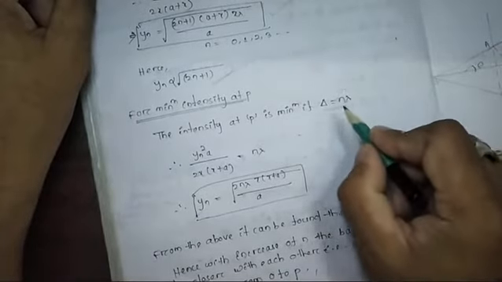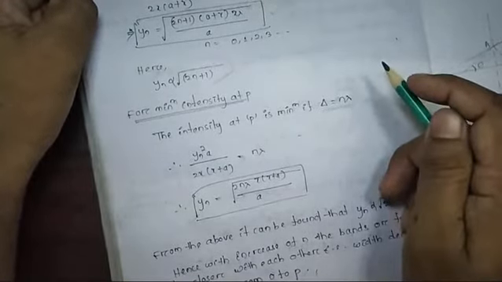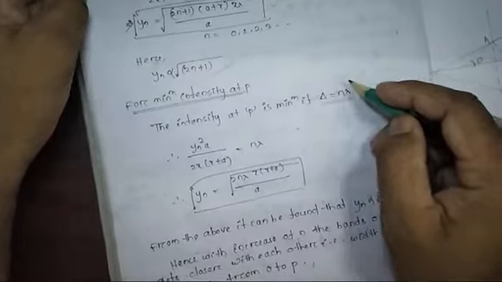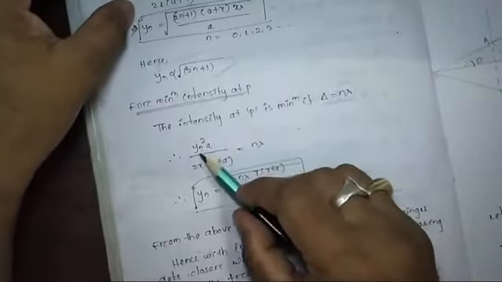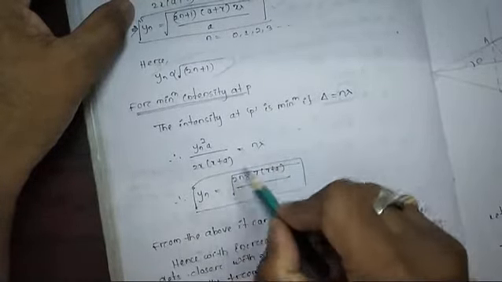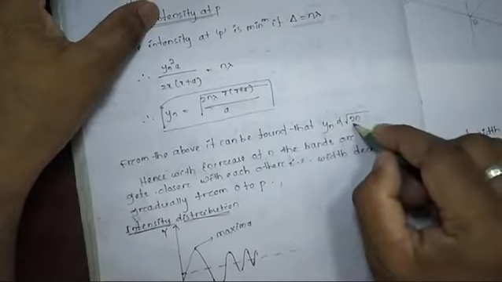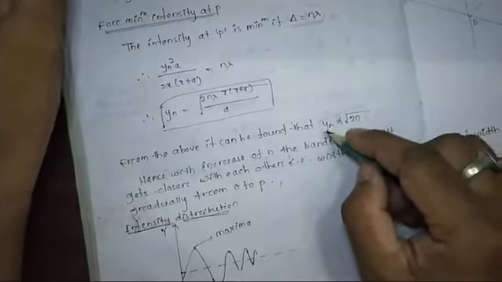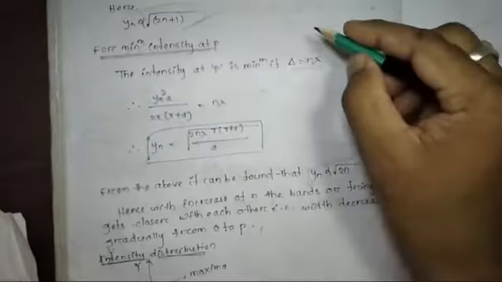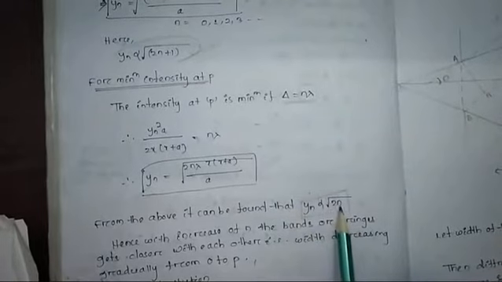Here we considered that the even half period zones create the minima at point P. So the path difference yn square into a by 2x into (a plus x) equals n lambda, and from this expression yn is proportional to (2n) to the power 1 by 2, or root over 2n. So we can conclude that yn is proportional to root over (2n plus 1) and yn is proportional to root over 2n.